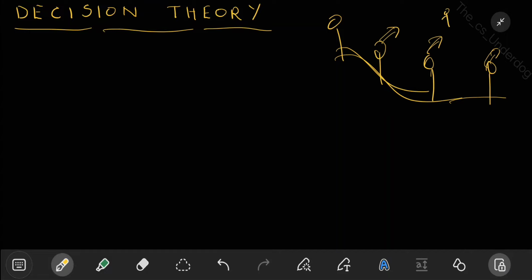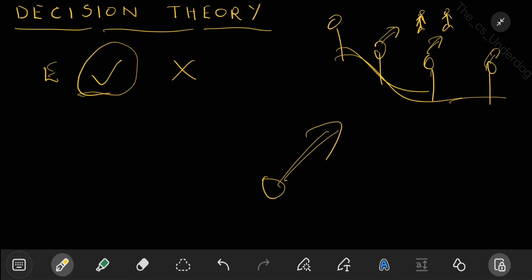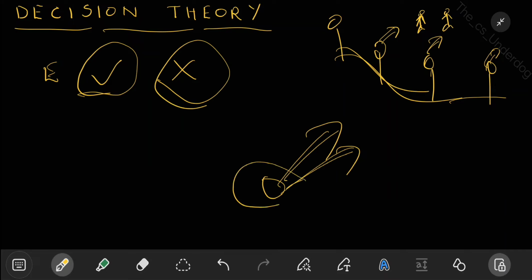Once people are noted, the camera has to identify whether they are enemies or not. If they are enemies, we have to send our troops to that area to protect. If not, no issue, we can keep our troops wherever they are. So the whole final decision is whether to send the troops or not.